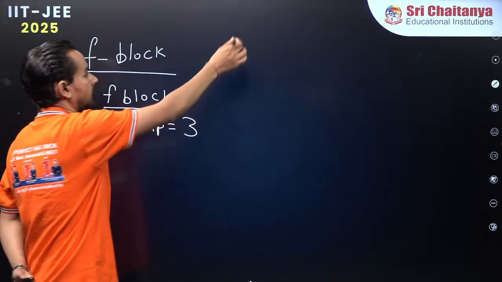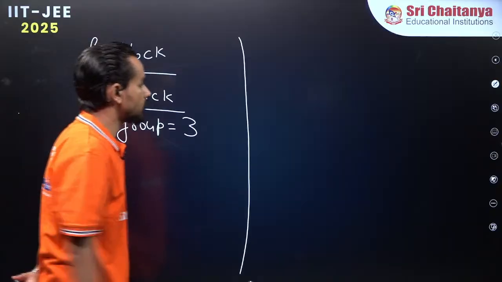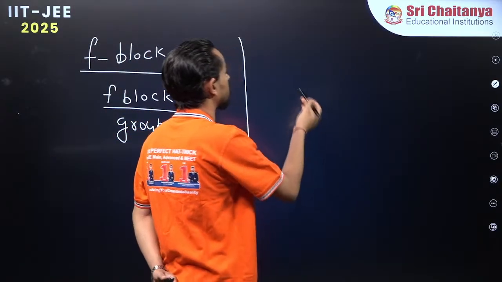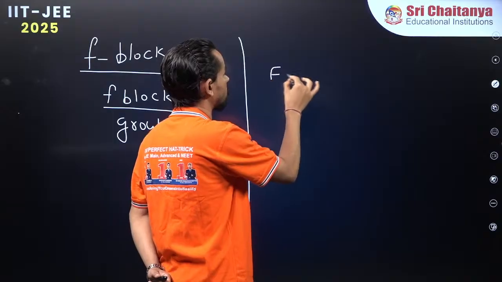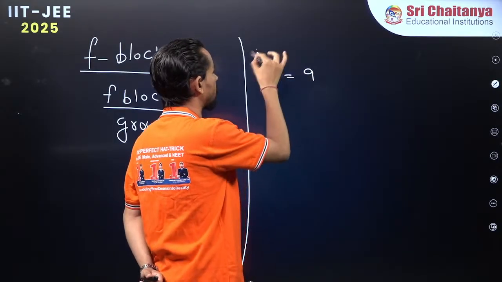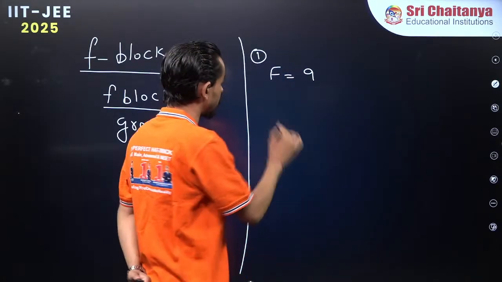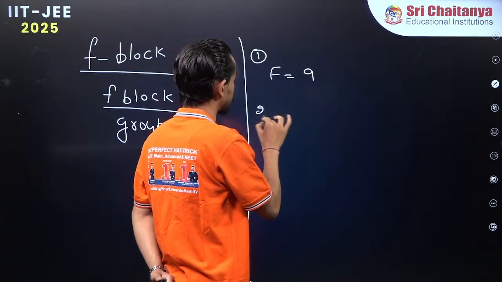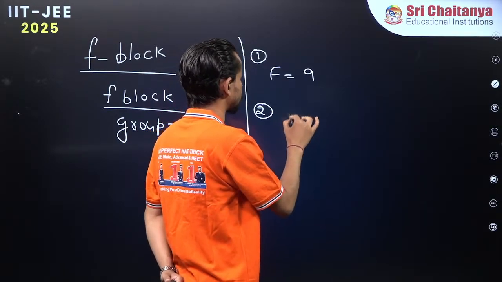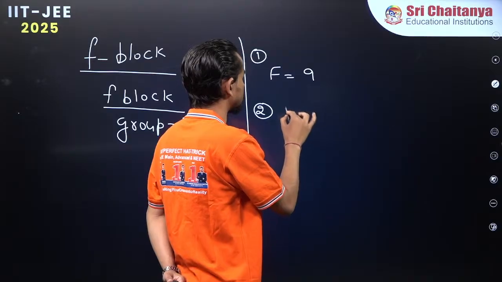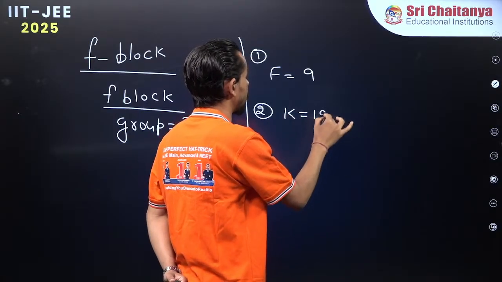Now let us do some general questions. Let us write one by one. Fluorine 9. Random questions I am giving. Second, potassium 19.